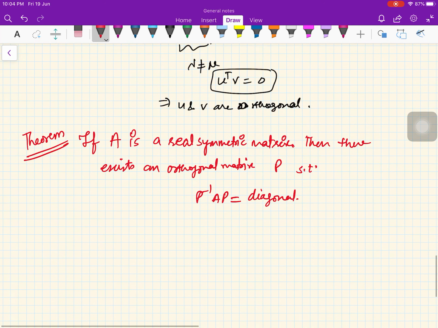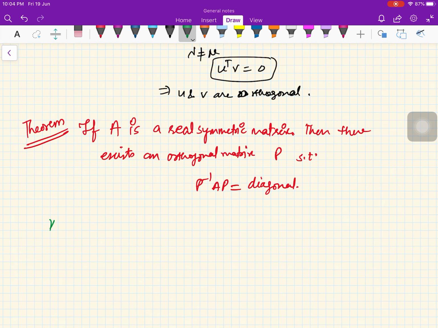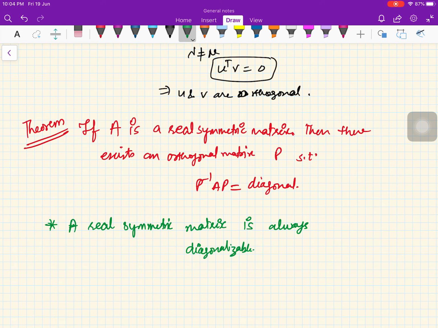Now you see, this result says one thing, it says that a real symmetric matrix is always diagonalizable. This is one thing it says, right?